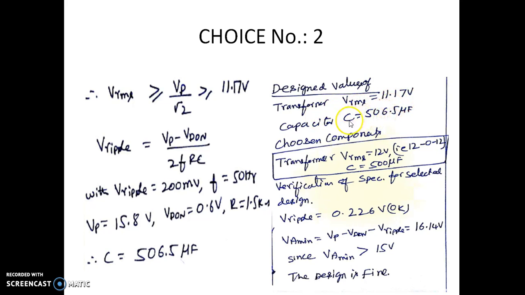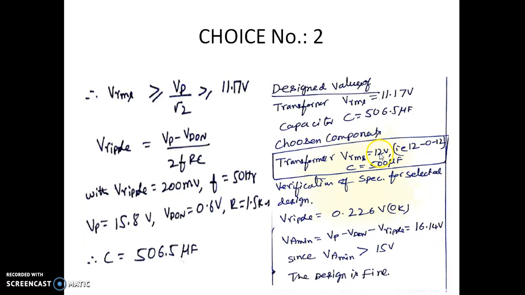So the design values are a transformer VRMS of 11.17 and a capacitor of 506 microfarad, whereas the nearest possible standard values are these. VRMS is 12 volt, but we are supposed to use a 12-0-12 transformer, which is a center tap transformer, and the capacitance value is 500 microfarad.